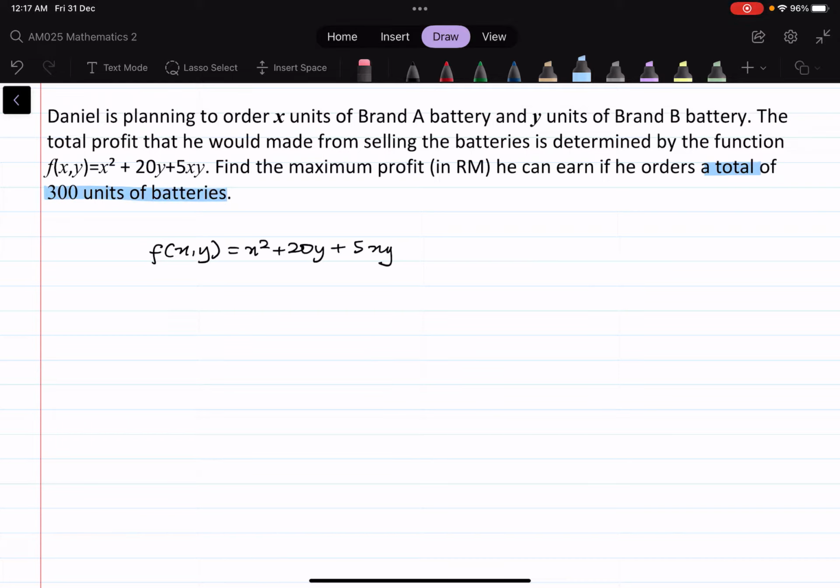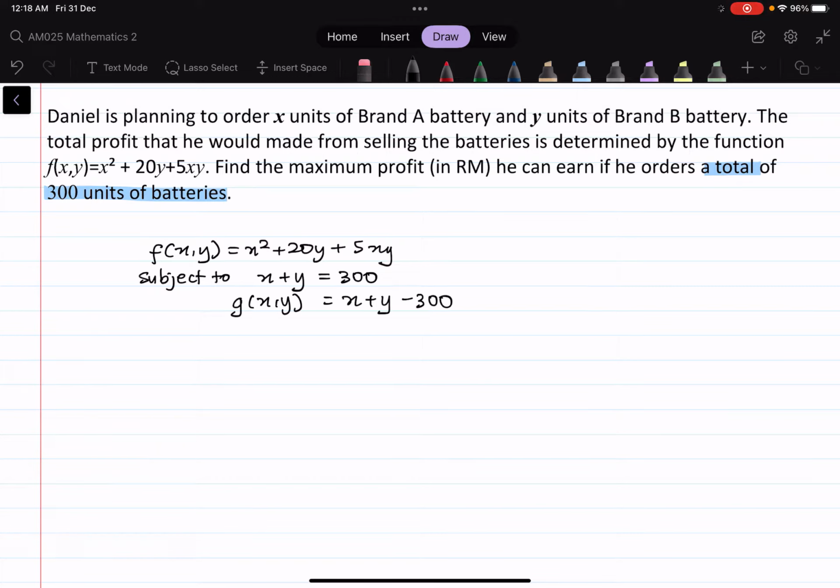So that's our constraint: x plus y equals 300, or you may write it as g(x,y) equals x plus y minus 300.